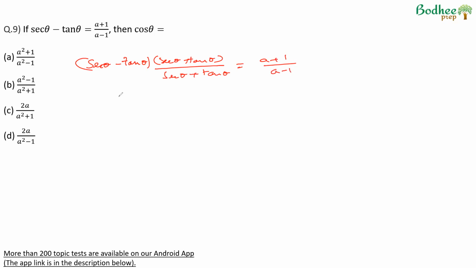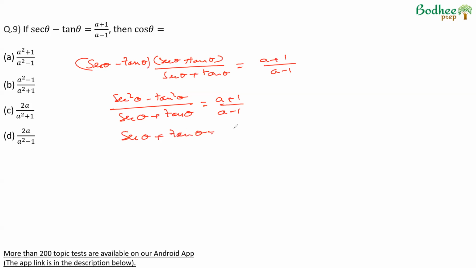And therefore, numerator becomes sec square theta minus tan square theta upon sec theta plus tan theta is equal to a plus 1 upon a minus 1. Numerator becomes 1. Take the inverse: sec theta plus tan theta is equal to a minus 1 upon a plus 1. To this add sec theta minus tan theta given in the question, which is a plus 1 upon a minus 1. So if we add, we will get 2 sec theta is equal to a minus 1 upon a plus 1 plus a plus 1 upon a minus 1.